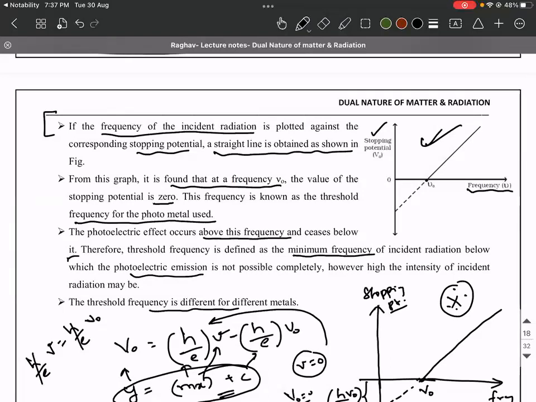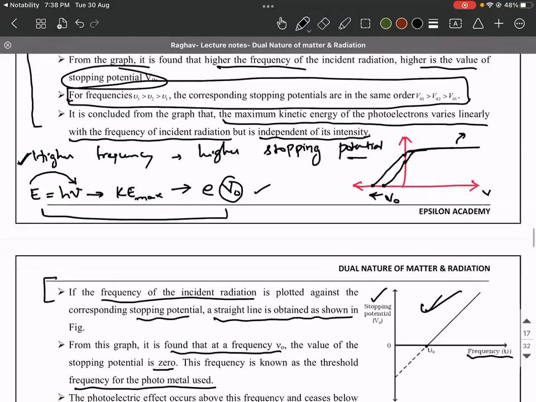Okay. First draw the graph, then we'll start thinking of the logic. Did you draw it? Okay. Now see.